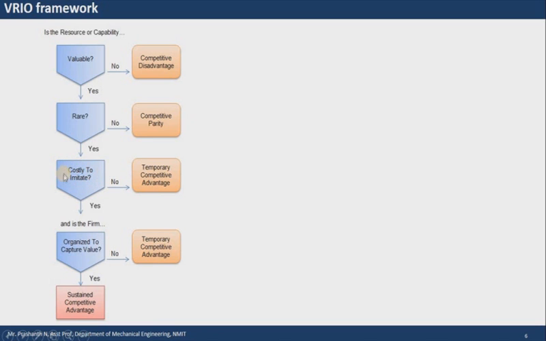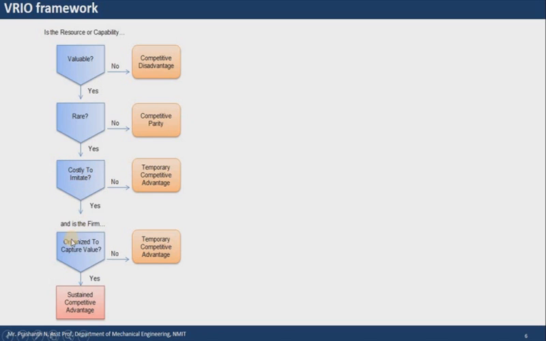So if you have resources which are valuable, which are rare, and also costly to imitate, then that is very much advantageous. If the answer to this is also yes, then we ask whether your organization has the ability to capture the value, or the benefits, of all these things: valuable, rarity, and imitation.